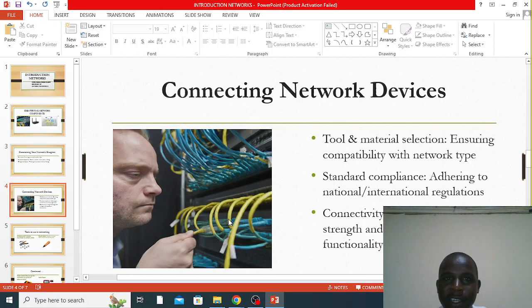What do you see under these considerations that we must consider before connecting network devices? Bas? Okay. For me, I can see you have to consider the tools and the... Tools. Okay. Thank you.